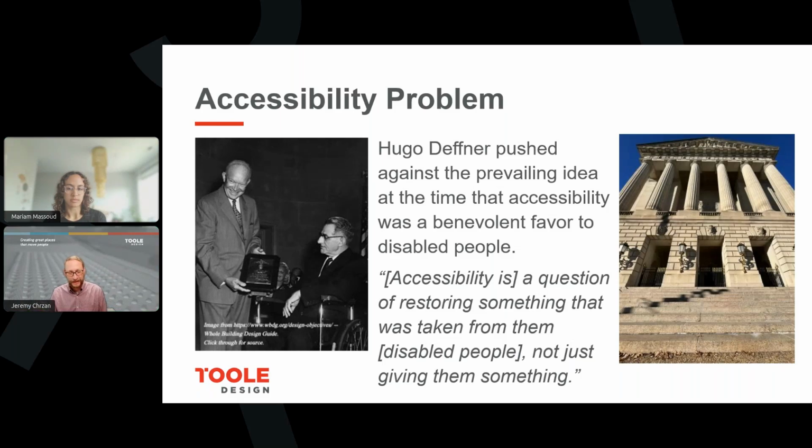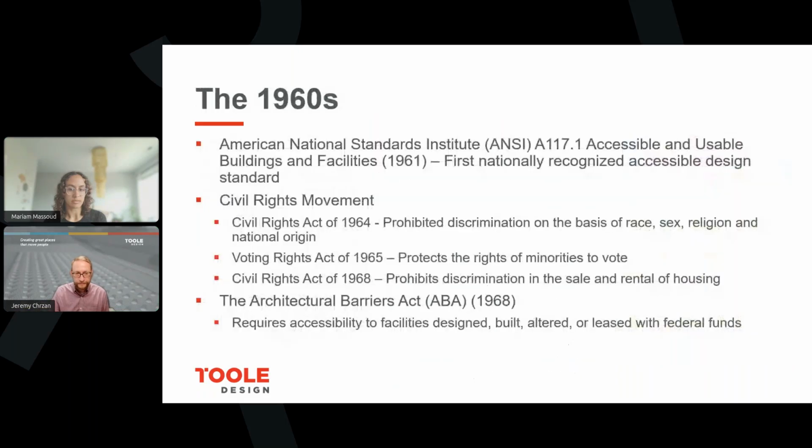And so that really disturbed President Eisenhower. As a result, they immediately looked at how to address architectural barriers in their meeting later that year, and really started to get the ball rolling at the federal level.